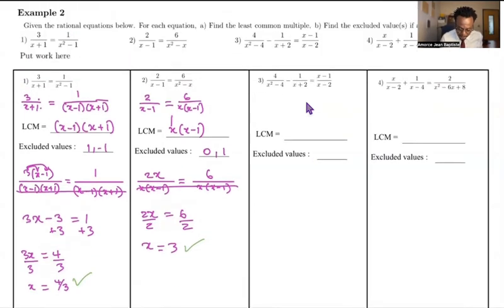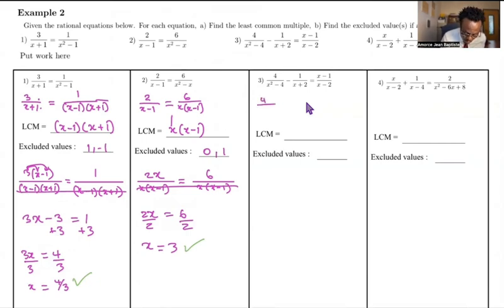Okay, now next, same thing. We're going to try to find the factored form of all the denominators and then find the LCD, excluded values, and then solve. So the factored form for this one is x plus 2 times x minus 2.